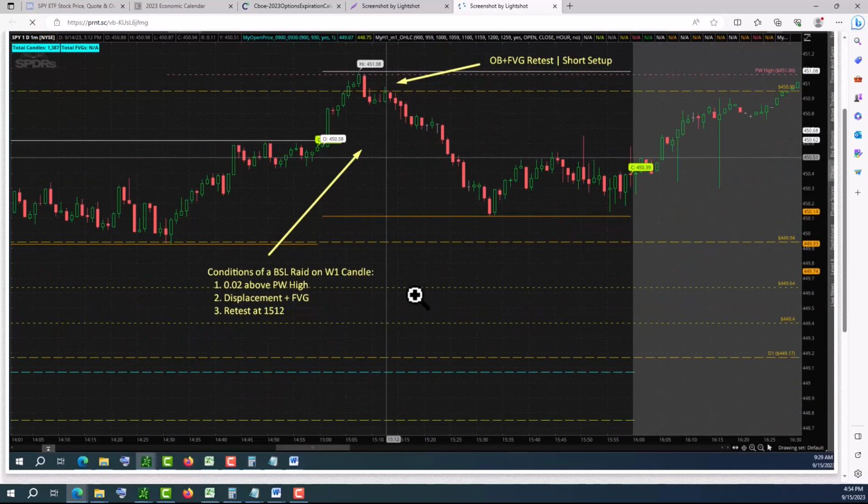Around, I think, 12, 13, 12, so it's about 3:12 p.m. Five minutes after that, or five minutes before that, it made the high of the week. That means at 15:07, right?